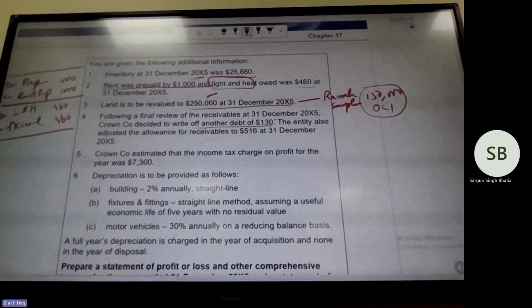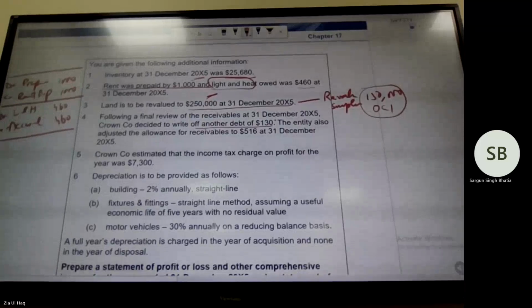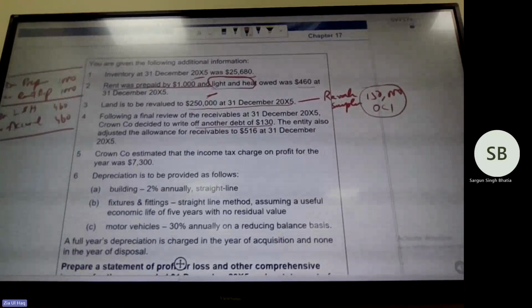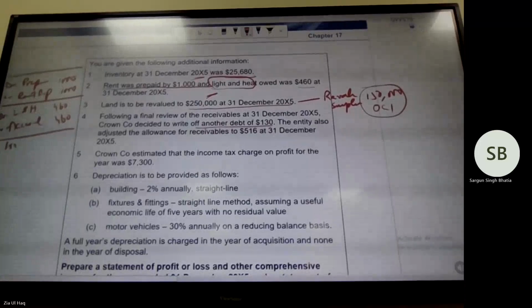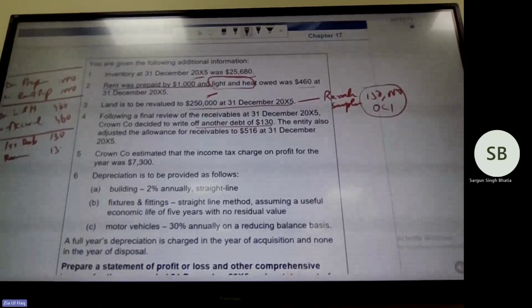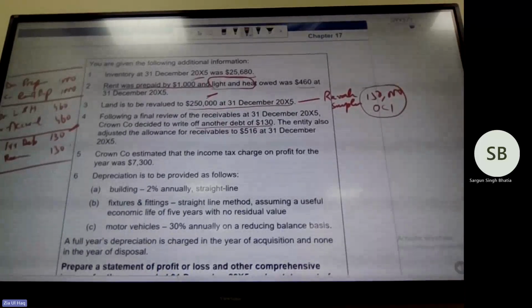Irrecoverable debt debit, receivable credit. For this we need to record an entry: debit irrecoverable debt 130, credit receivable 130. This should be recorded as an expense in the profit and loss account, and deducted from receivables in current assets.